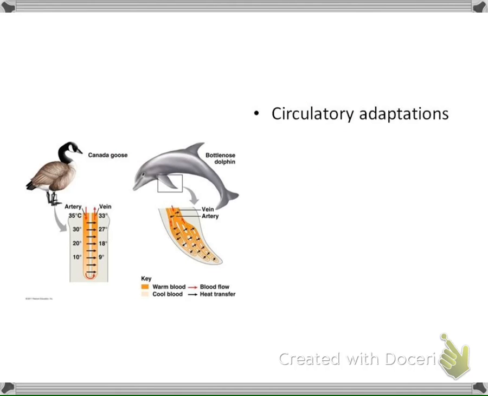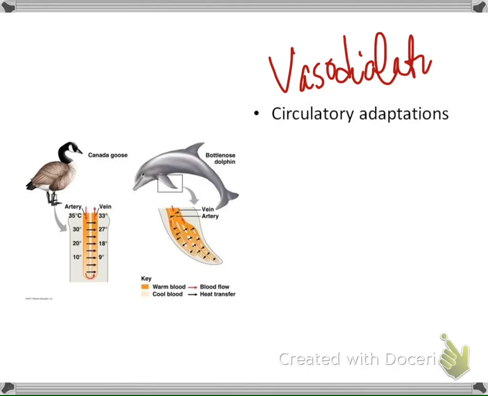Circulatory adaptations. Animals can regulate the amount of blood flow between the core and the skin. Vasodilation is the widening of superficial, or close to the surface, blood vessels.